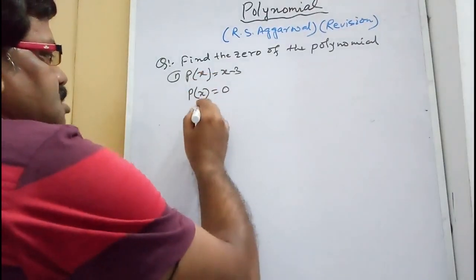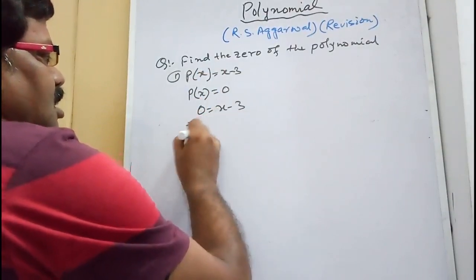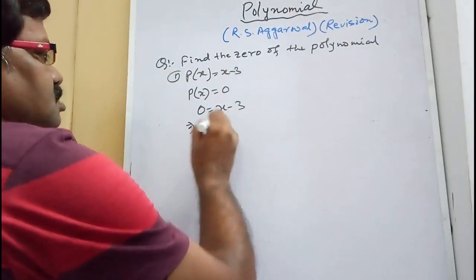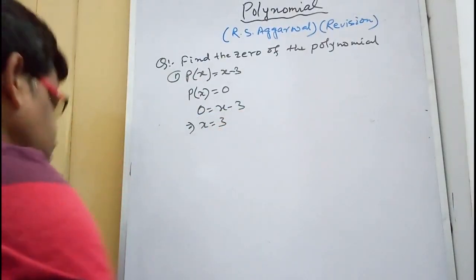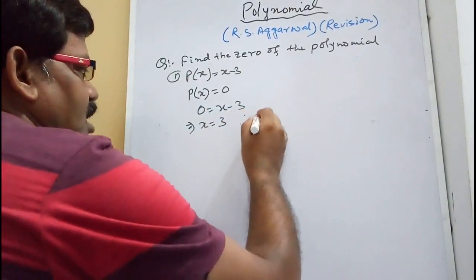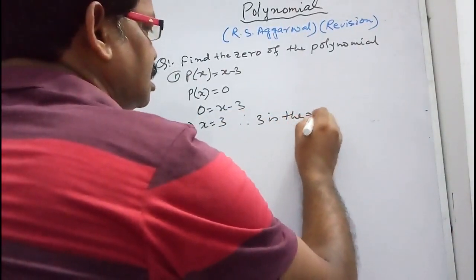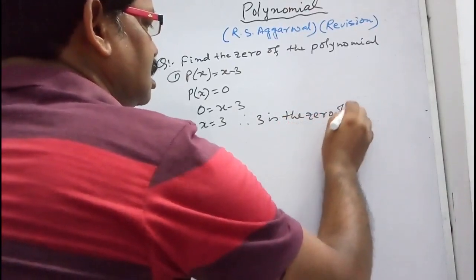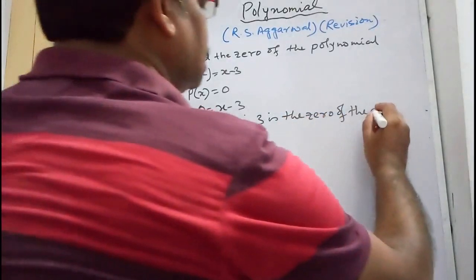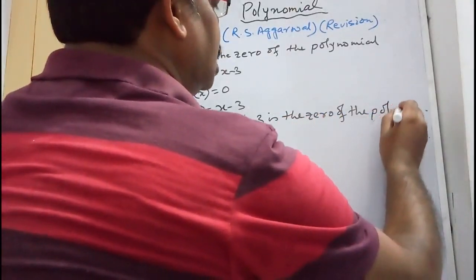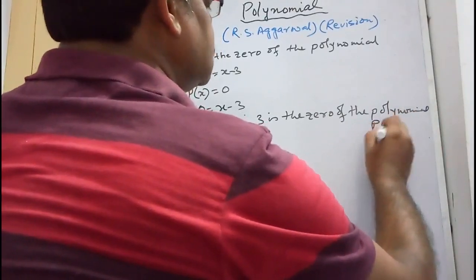So in that place write 0 equal to x minus 3. So x equal to 3. So 3 is the zero of the polynomial p(x).